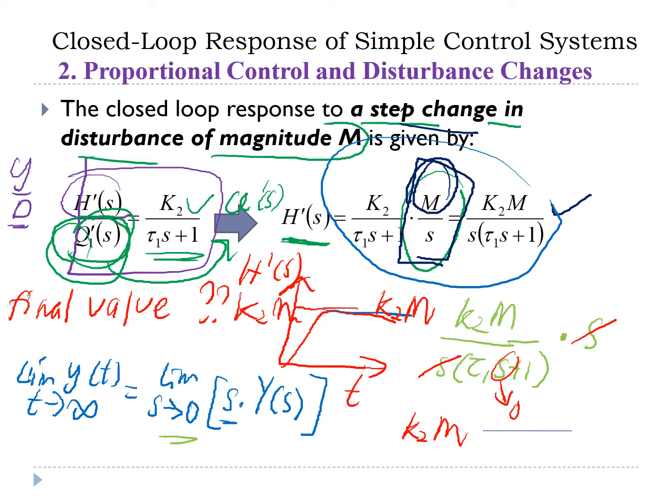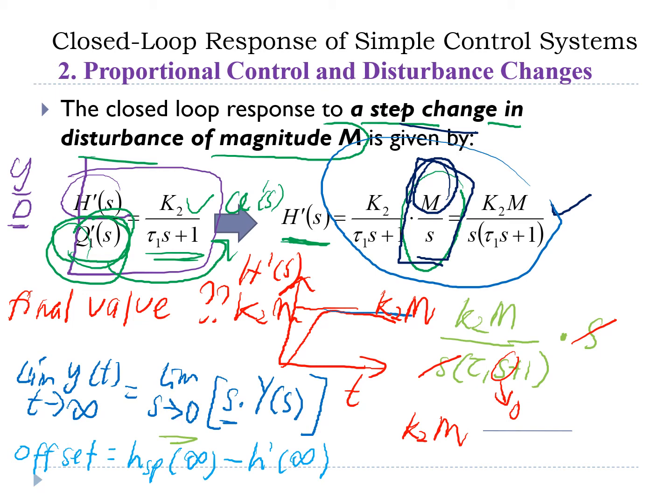K2M, right? Okay, from the final value, you can calculate what is the offset. The offset can be calculated by the set point minus the final value, which is h at infinity.